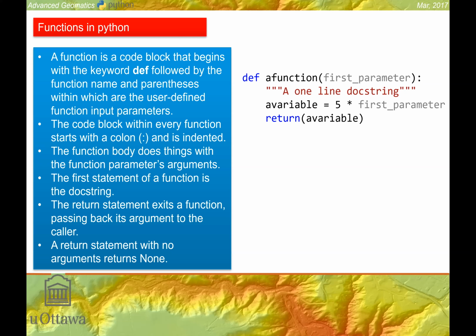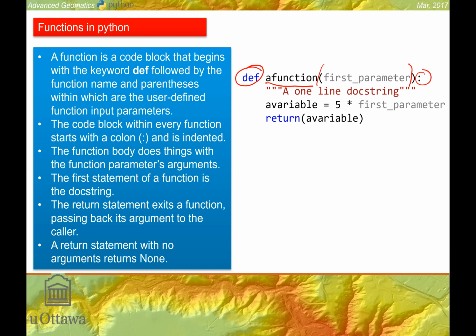So a function is a code block that begins with the keyword def, then the function name, and then parentheses for how many arguments you're going to have. You could have many. And if you have more than one, they must be separated by commas.